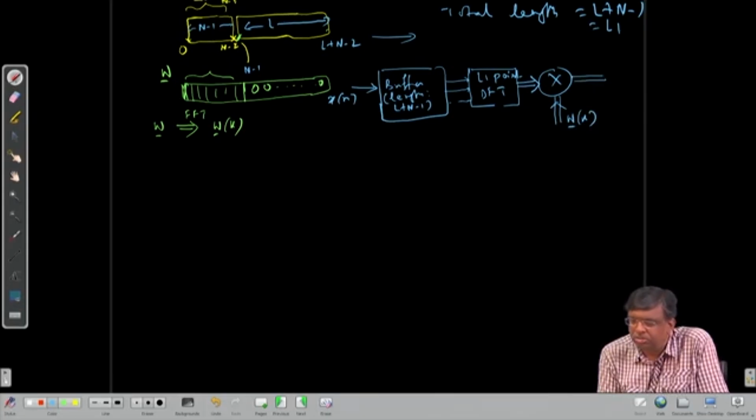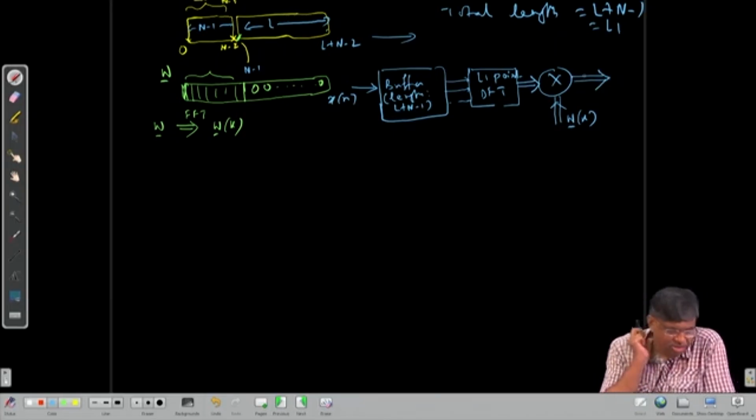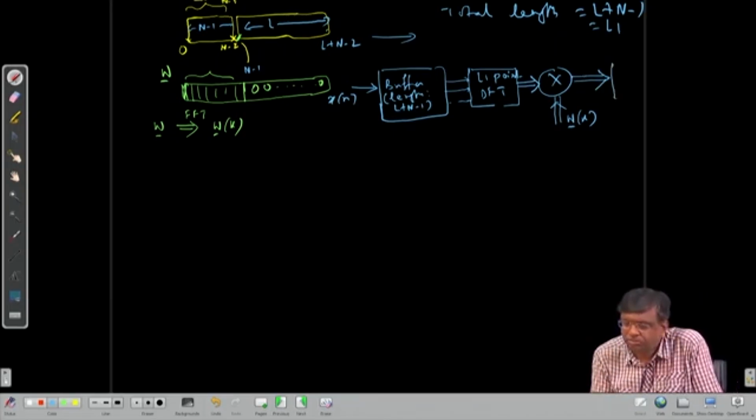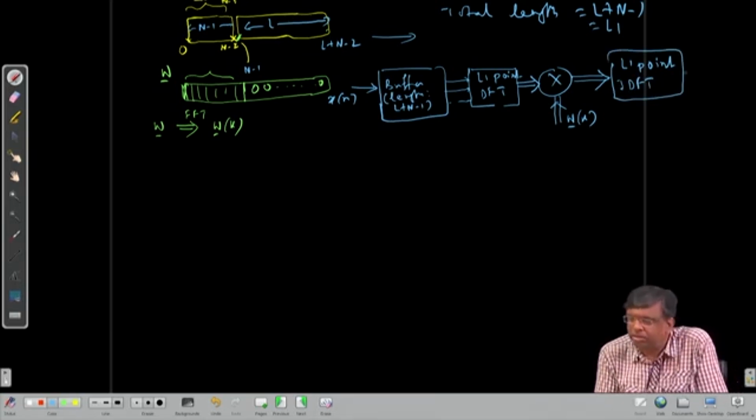Then I take this out, DFT into DFT, then inverse DFT. So, I take L1 point IDFT, which is actually by the FFT algorithm. So, then I get the circular convolution yn.